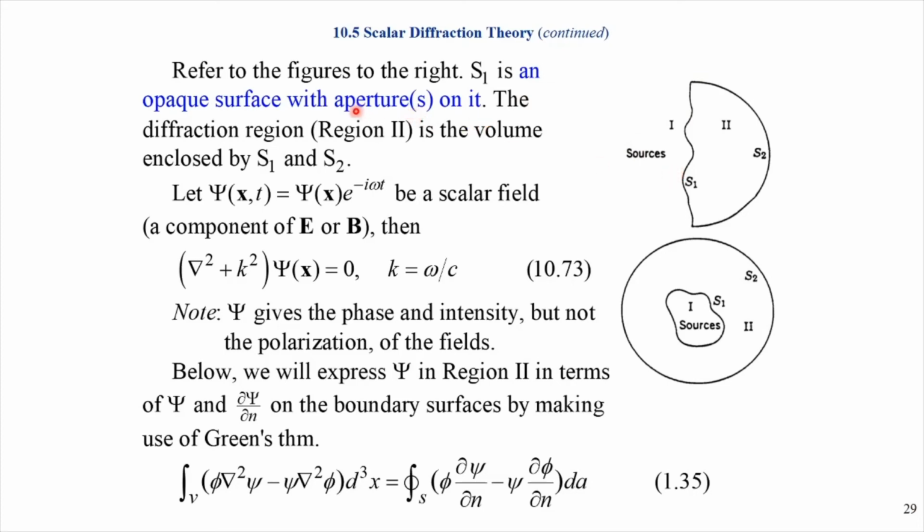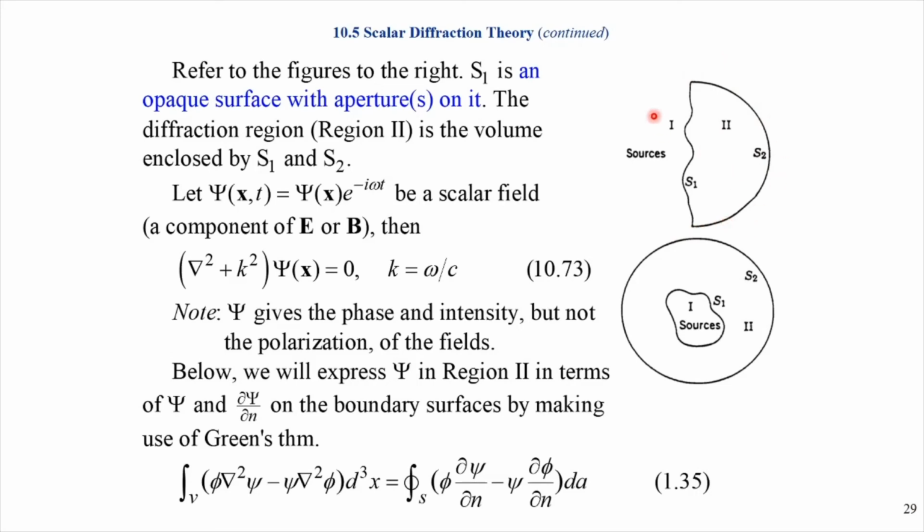Okay, and with apertures on it, it can be any shape, but we prefer it to be a flat surface. Region 1 is the incident region, and region 2 is the diffracted region. Region 2 is the volume enclosed by S1 and S2. And you can imagine the surface of S2 is very, very large.